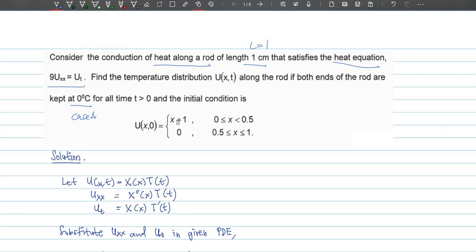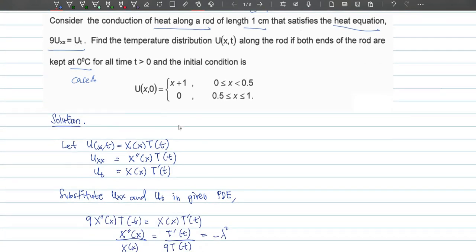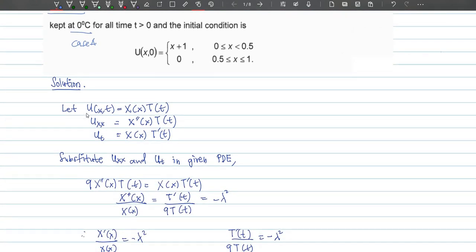It is u(x,0) equal to x plus 1 when x is between 0 and 0.5, and 0 when x is between 0.5 and 1. The first step is to let u(x,t) be equal to X(x) times T(t). Then u_xx is equal to X double prime(x) T(t), and u_t is equal to X(x) T prime(t).